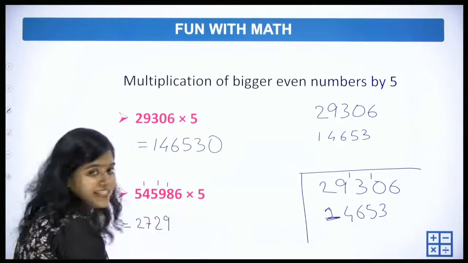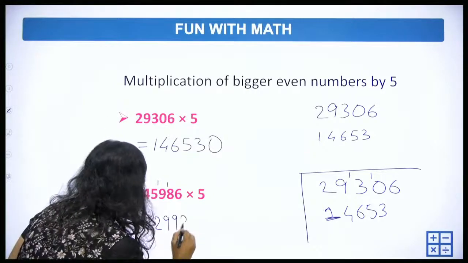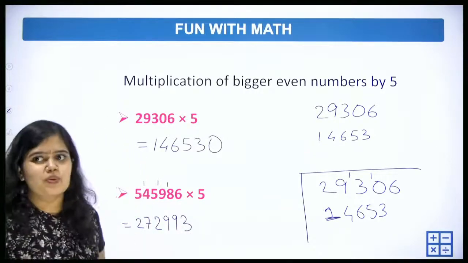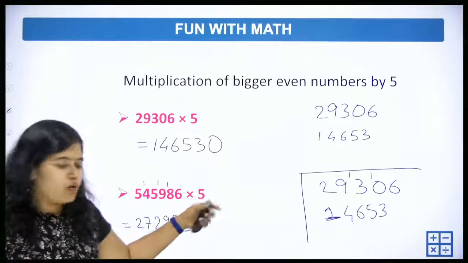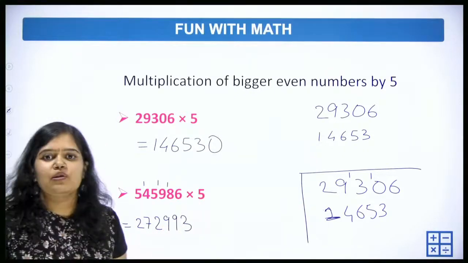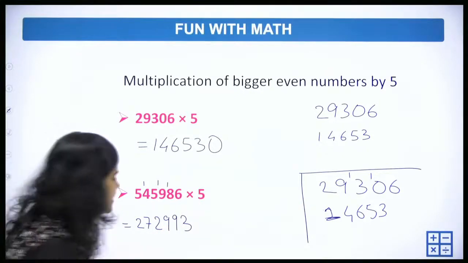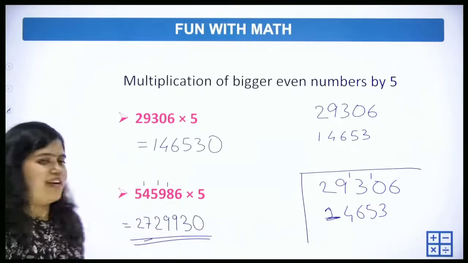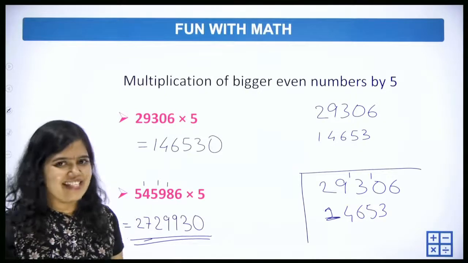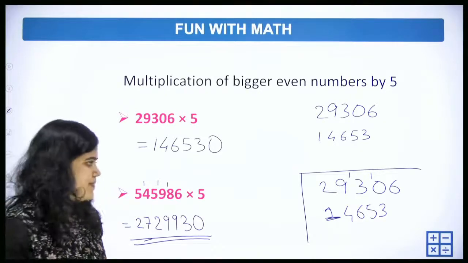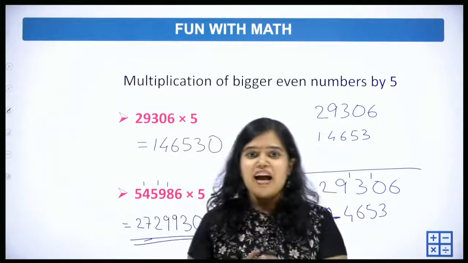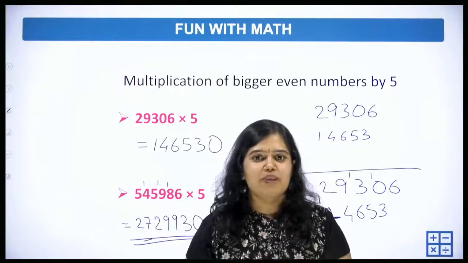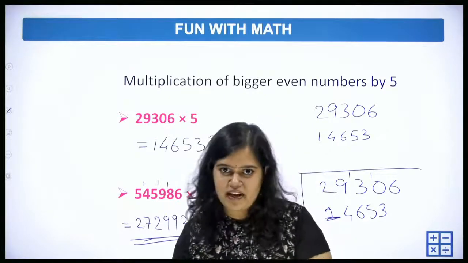And again 18. So 9. 3. And now since we are multiplying with 5, after dividing by 2, we need to put 0. That is, we are multiplying with 10. So the answer is 2,729,930. Clear?